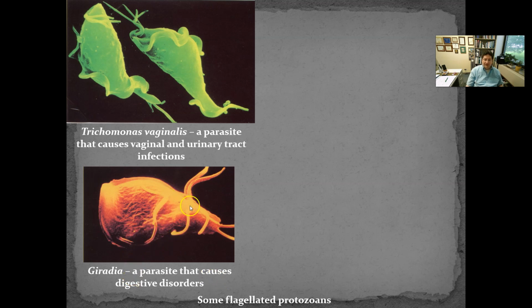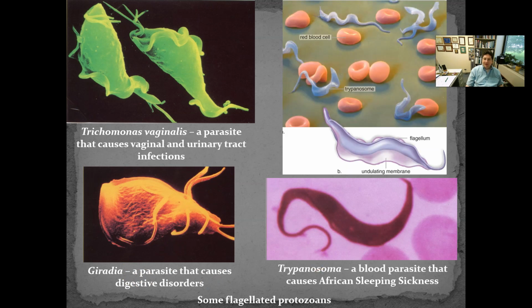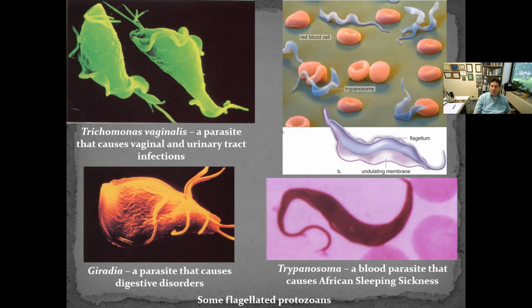Okay, it's a parasite that causes digestive disorders. Note the flagella again. These are also flagellated protozoans. These are red blood cells here. This is Trypanosoma. Notice the flagella here. And this is a blood parasite that causes a deadly disease called African sleeping sickness.